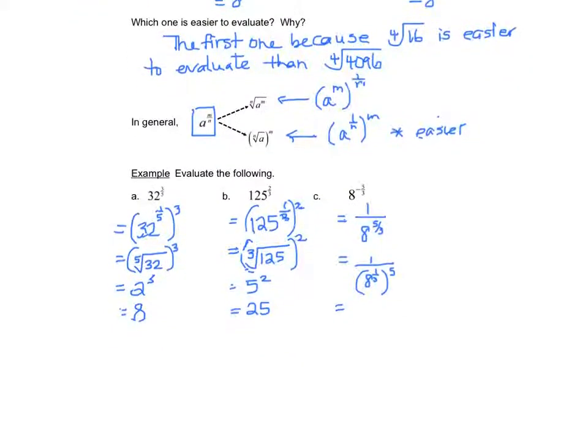Remember that 8 to the exponent 1/3 is the same as the cube root of 8 raised to the exponent 5. The cube root of 8 is 2, and 2 to the exponent 5 is 32, so our final answer is 1 over 32. And that concludes this lesson.